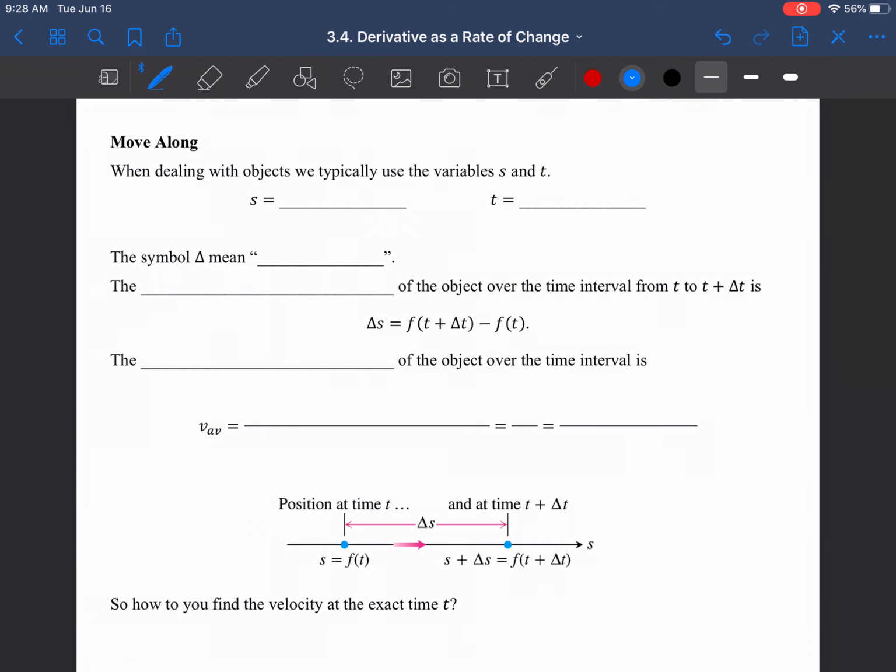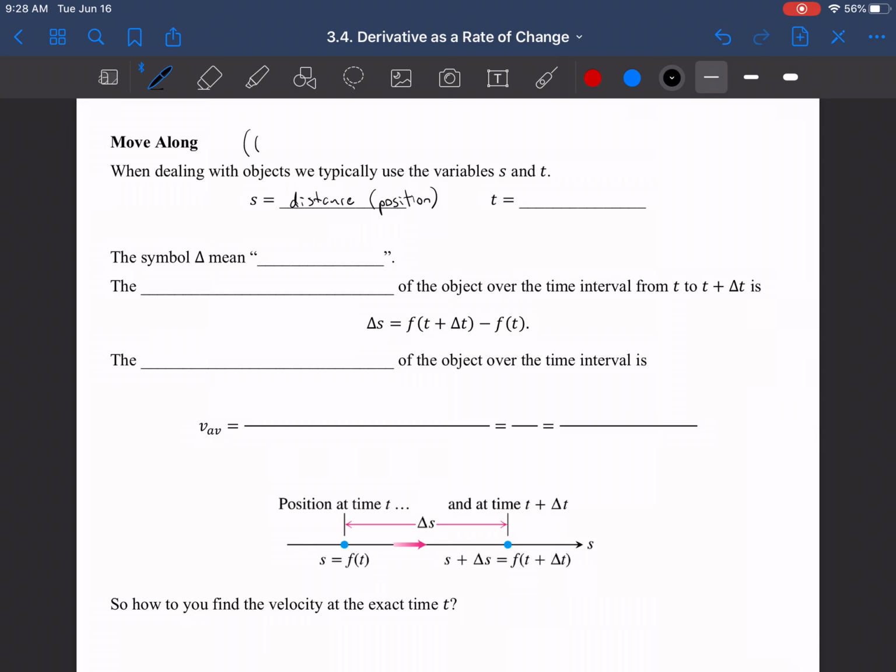All right, so here, when dealing with objects, we typically use the variables s and t. S is the distance or the position. Distance would be between two positions, and position would just be a single position.